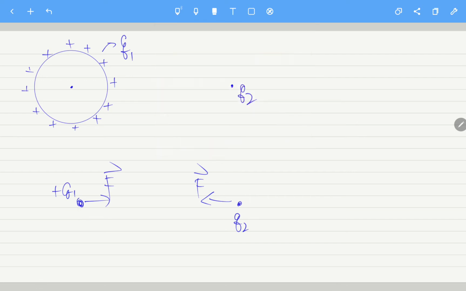And the Shell theorem tells you that if the Q1 is equally distributed on this sphere, then the force acting on this charge and the sphere are actually the same. You can regard all the charge as distributed at the center of the sphere.